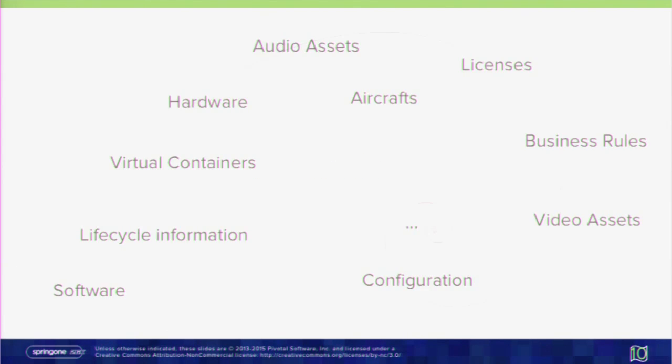So the challenge was, we have lots of assets, as we call them. We have those physical assets, we have the planes, we have the things that get installed in the planes. We do have media assets or digital assets like those magazines, the video content, the audio content.